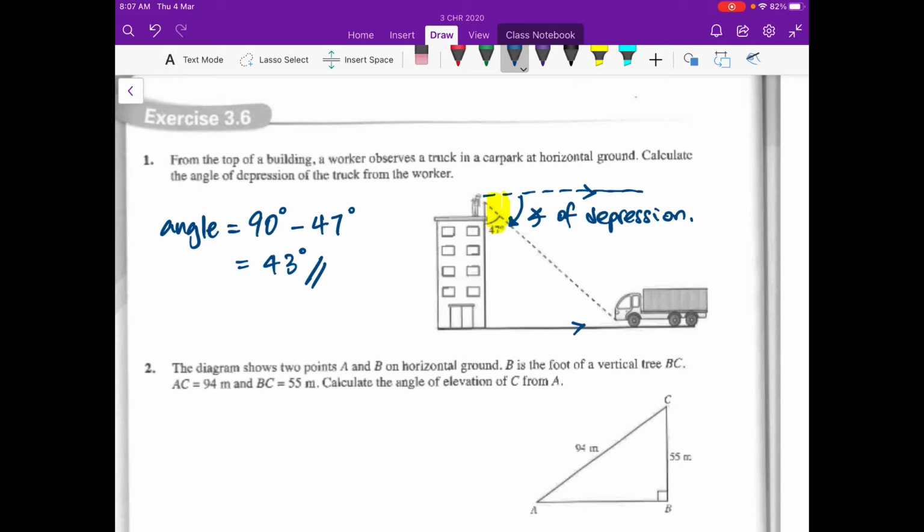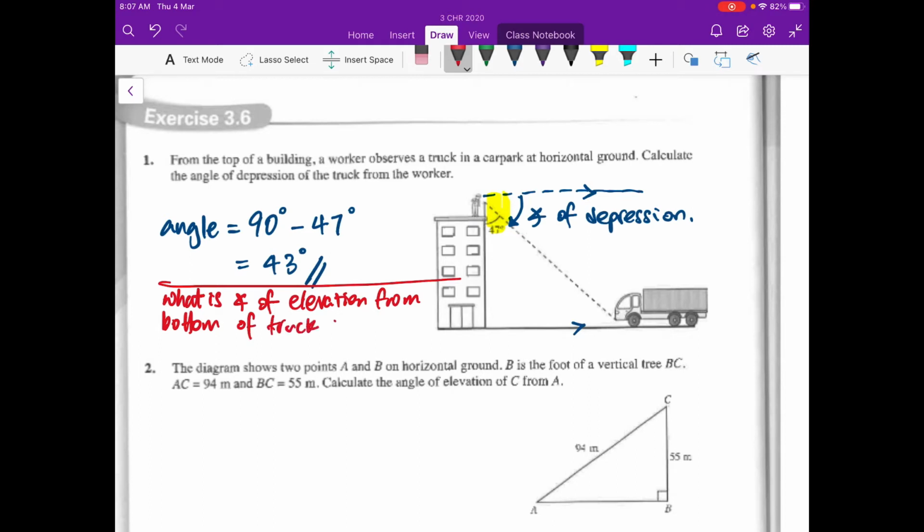Okay, now for my own question, okay? In red, what is angle of elevation, you don't have to copy this down, from bottom of truck to worker.